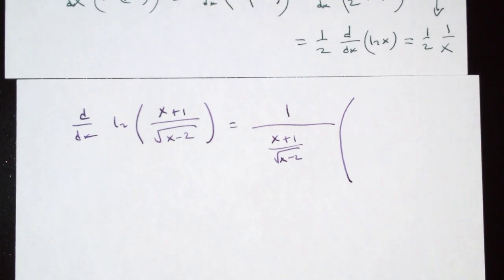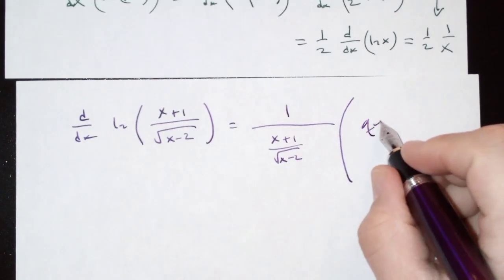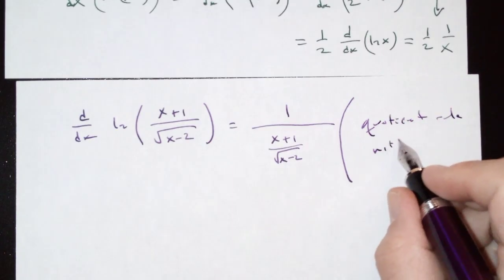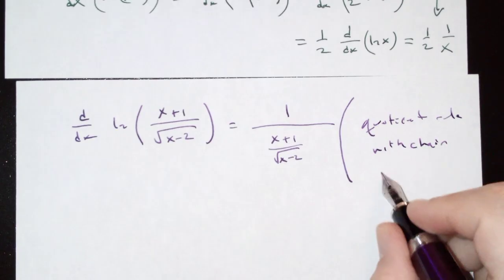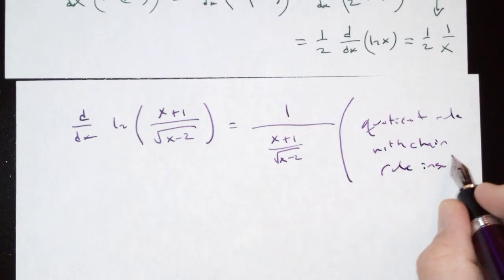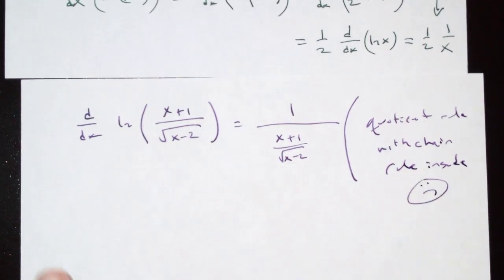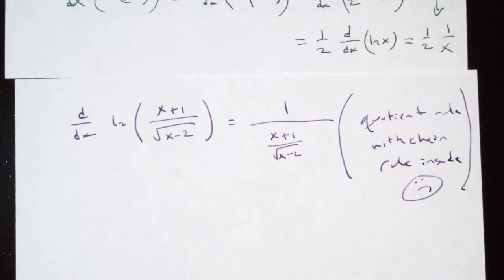The bottom is not square root of x. It's square root of the quantity x minus 2. So that quotient rule has a chain rule inside it. Blah. I don't want to do that. That's nasty, that's gross, that's disgusting.